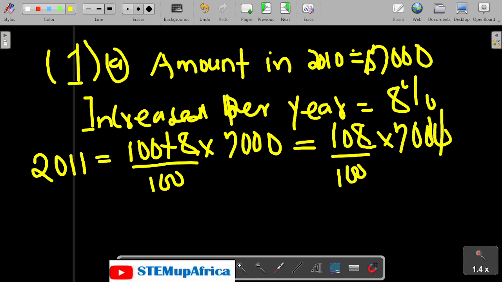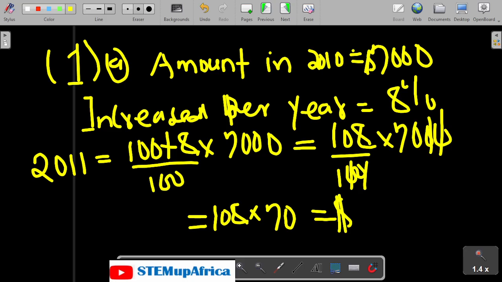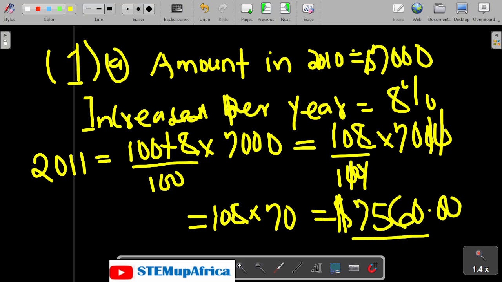So if I cancel, then I'm having 108 times 70. What is that amount now in 2011? So 108 times 70, that will give us 7560.00. So this is the amount in 2011, but they are asking of 2012.